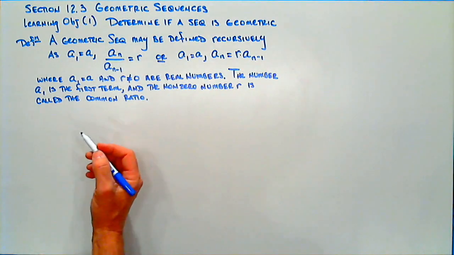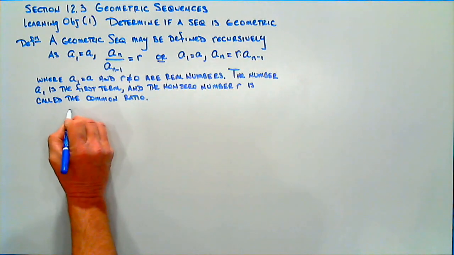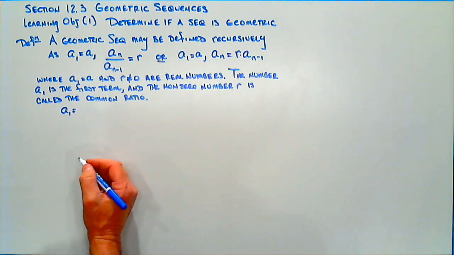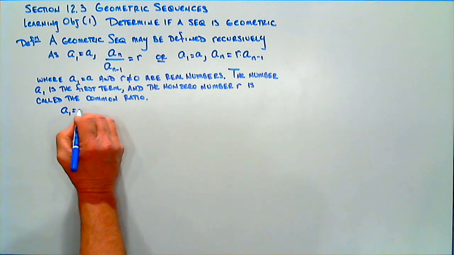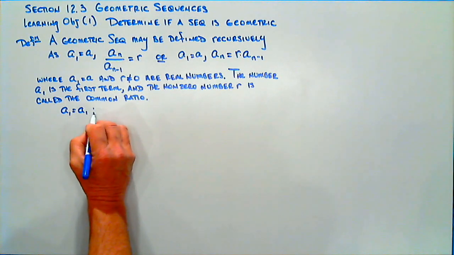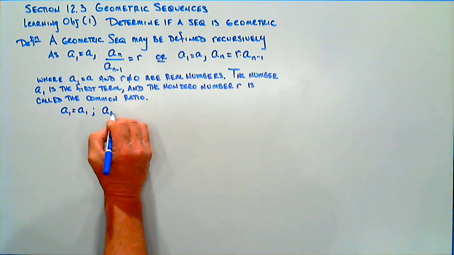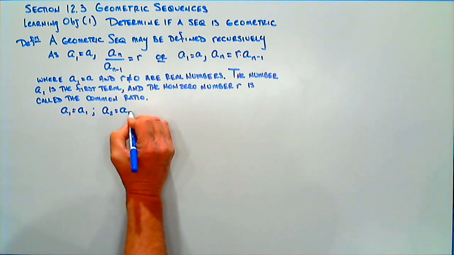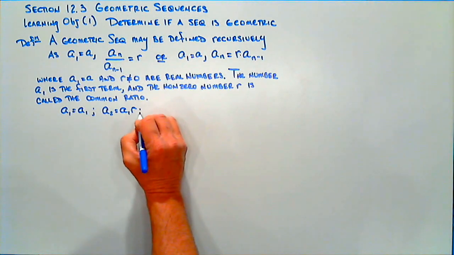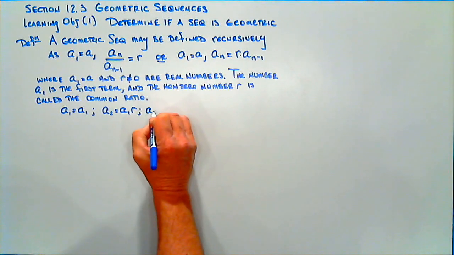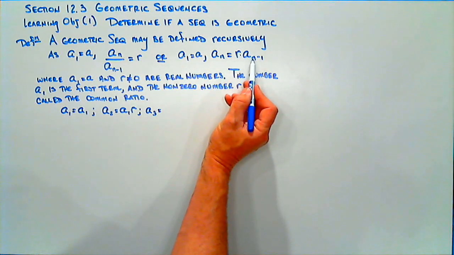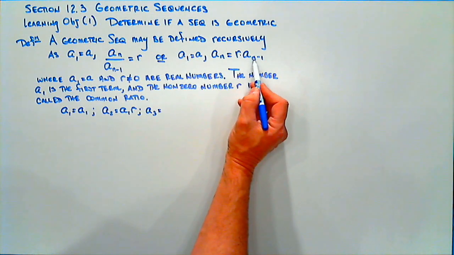Right? So what do the terms look like here? Well, our first term is going to be A1. And then what does our next term look like? Well, our next term, A sub 2, is going to be that first term times R. And then our next term, A sub 3, it's going to be the second term times R. This is a 3, so that's 3 minus 1.